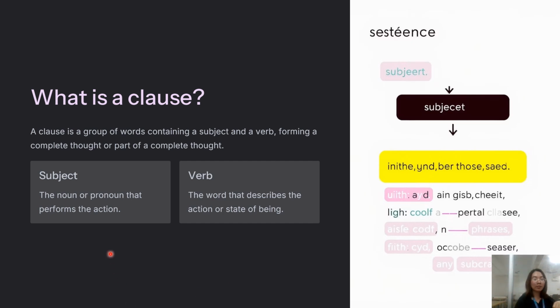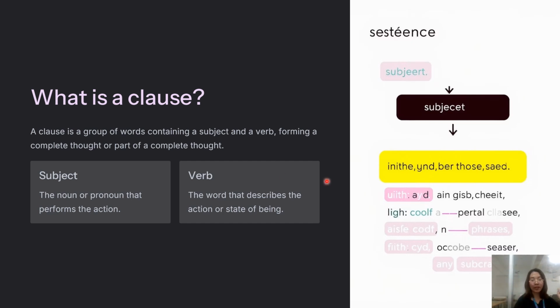Under the subject we have the noun or pronoun that performs the action, which means who or what the sentence is about. And when I say verb, we need to describe what the subject is doing or being. So that is the thing.